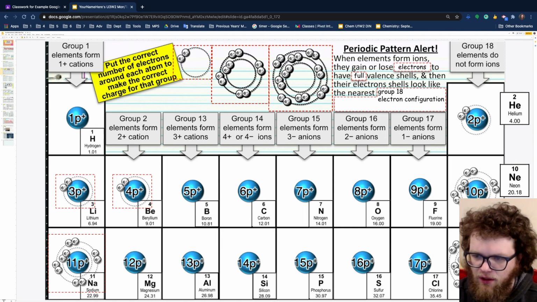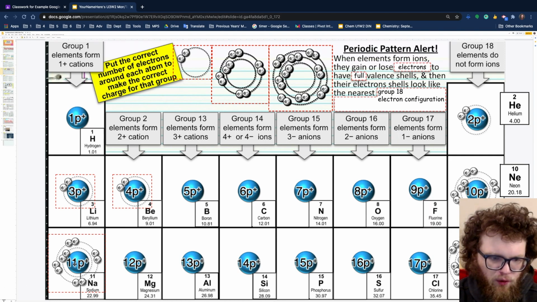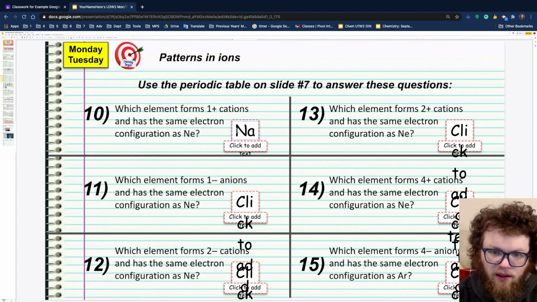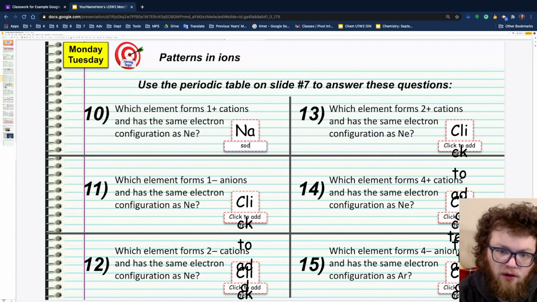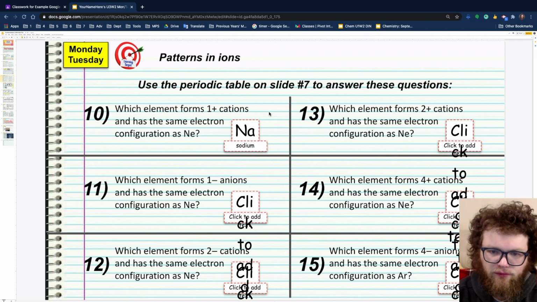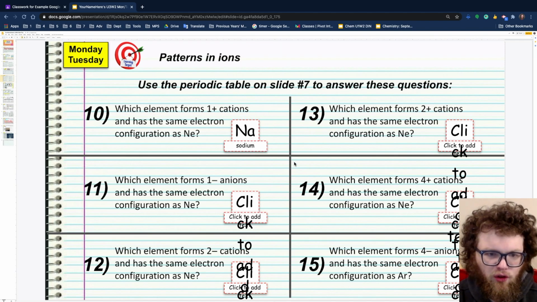So it has a full first shell and a full second shell. And so our answer has to be over here, sodium. So then we would write Na is sodium. Great. So you can do 11, 12, 13, 14, and 15 practice problems on your own. Pause the video now, and we'll resume in a moment.